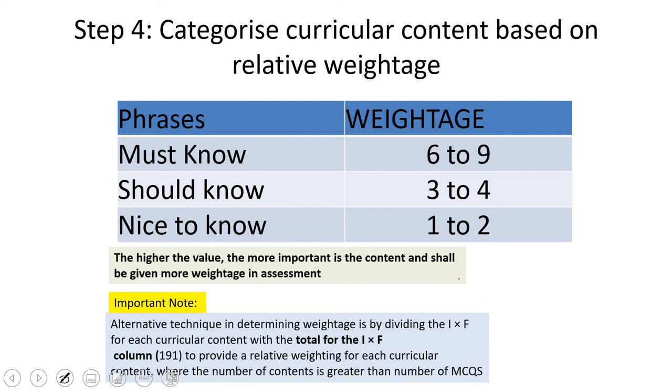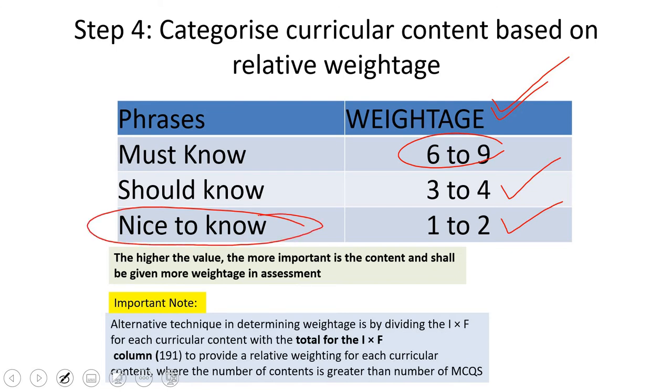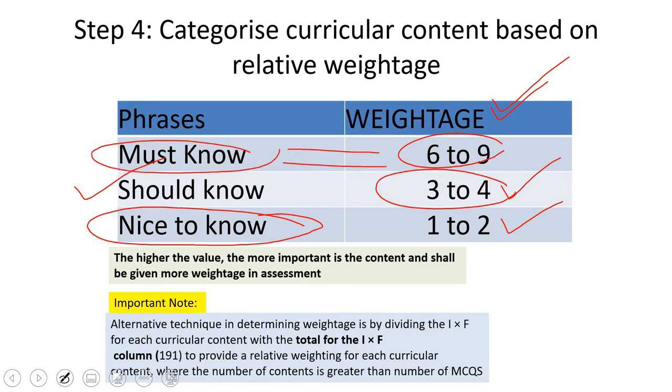Now you will categorize the contents. Some contents may be very important. When you get 6 to 9 in the weightage that we calculated in the Excel sheet, then 3 to 4, and then 1 to 2. A value of 1 to 2 is considered nice to know, 3 to 4 is should know, and 6 to 9 is must know, meaning they are the very primary important topics of the content.